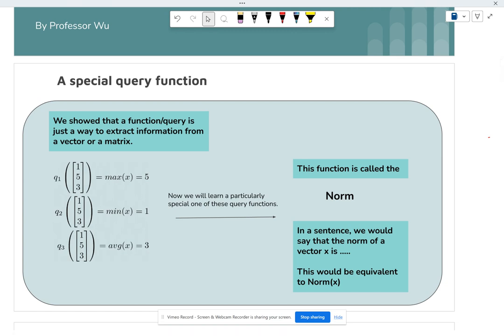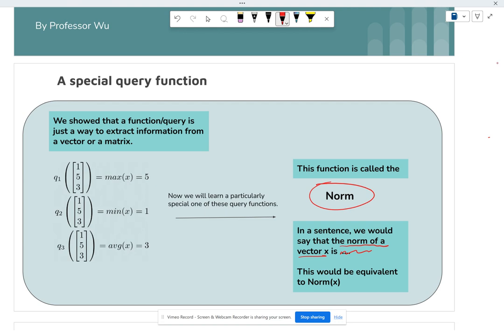Today, we're going to learn a very special query function that extracts very important information about the vector. This function is called a norm. We would say that the norm of a vector is some kind of value.